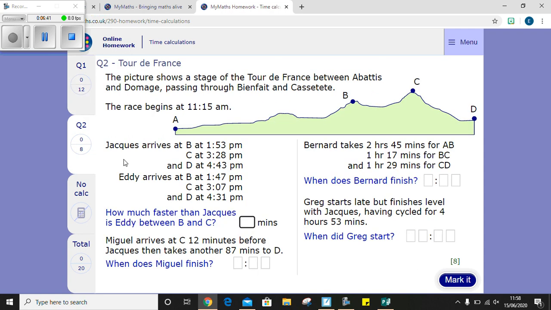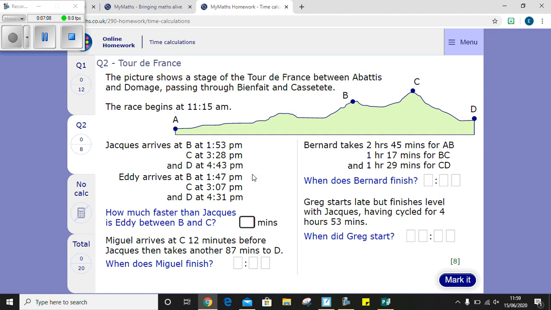Then we're looking at the Tour de France. The picture shows a stage of the Tour de France between Abetis and Demage. Oh, I need Mrs. Gibbons to help me pronounce these words. The race begins at 11:15. Jacques arrives at B at 1:53, C at 3:28, and D at 4:43.